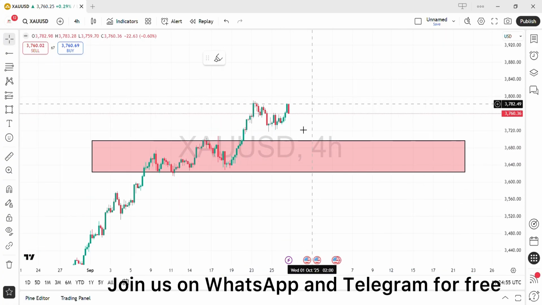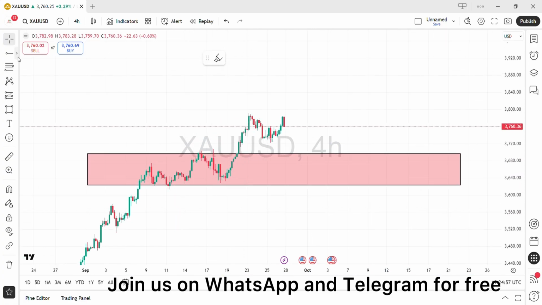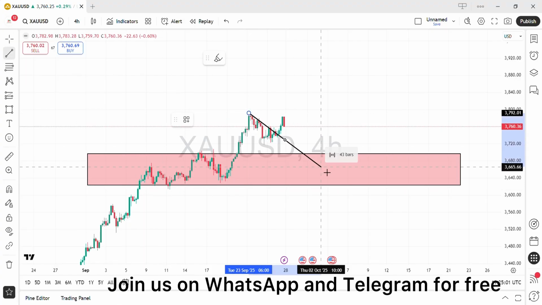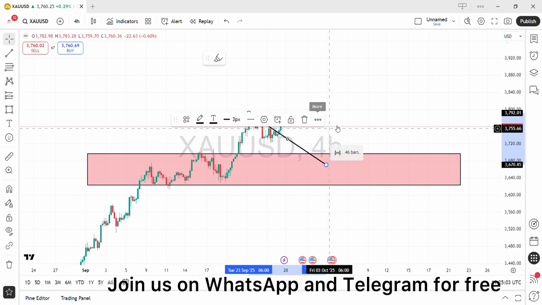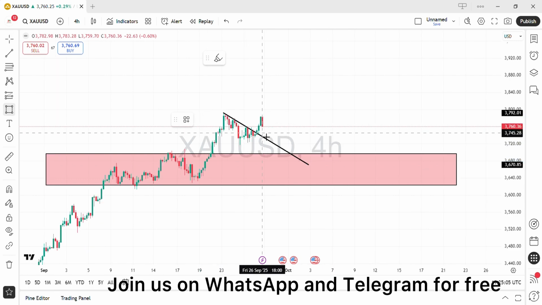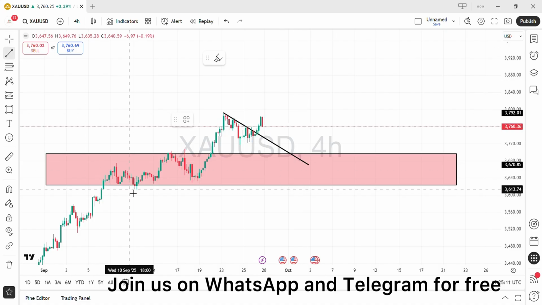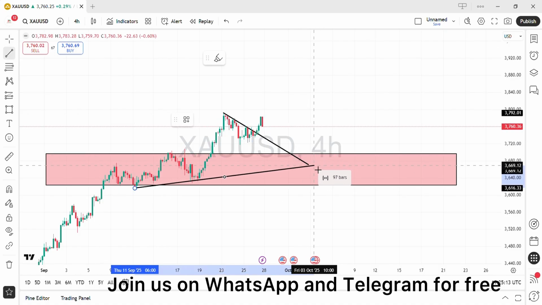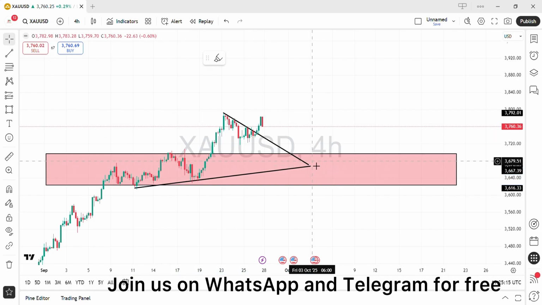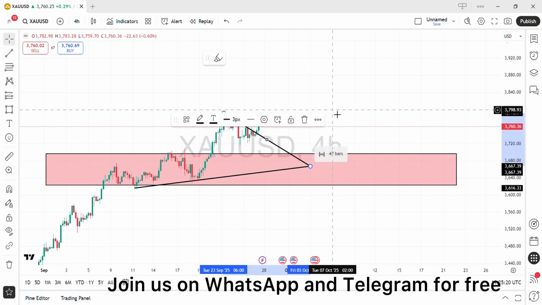If I draw a trend line, first of all, there is a trend line from above zone to above zone. Although you can see here we have a successful breakout and market is holding above, if you try to make a new trend line from lower level to lower level, as you can see, this was a proper triangle pattern, and market has successfully broken down this triangle pattern.